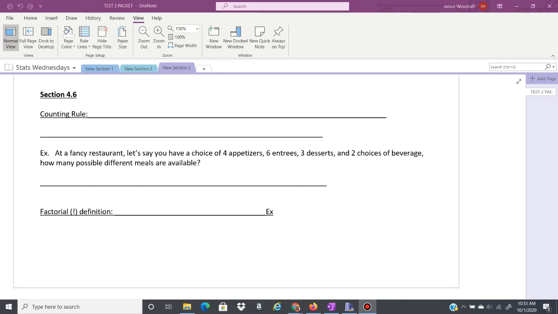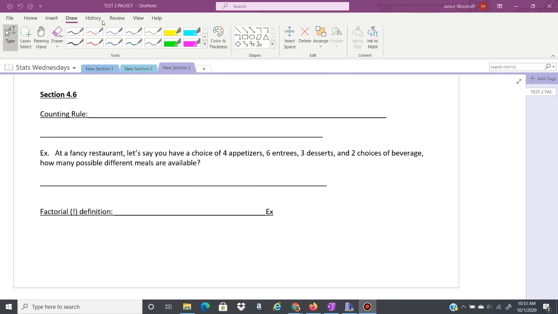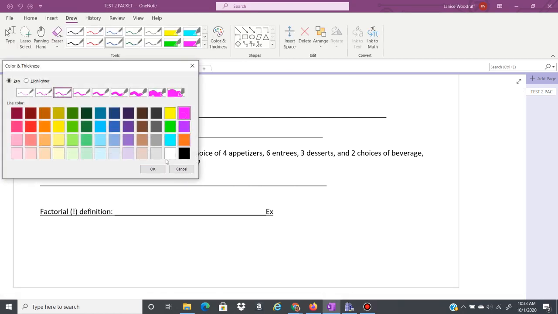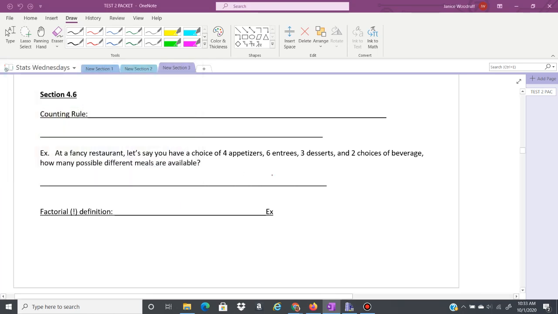Okay, so 4.6 is pretty quick, and you can actually do most of this in your calculator. So let's take a look here. We have the counting rule. The counting rule is what we're going to use to figure out the number of outcomes in an event.